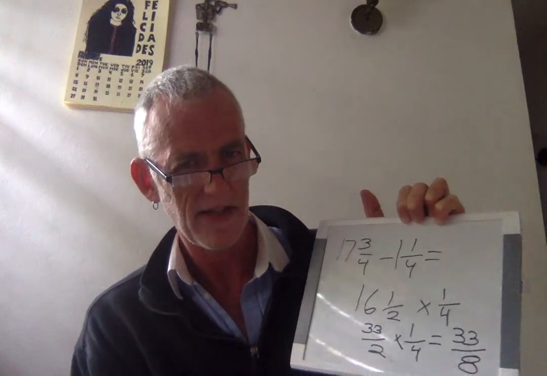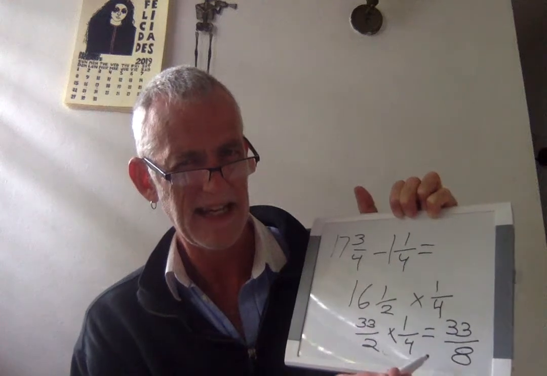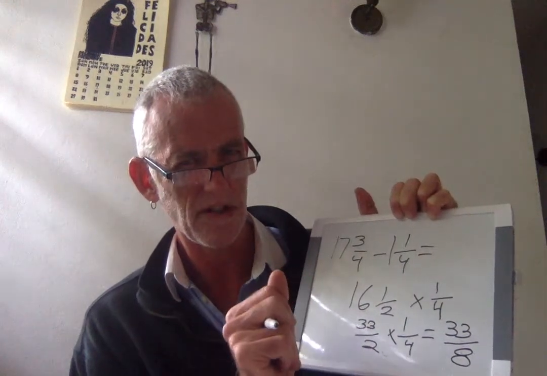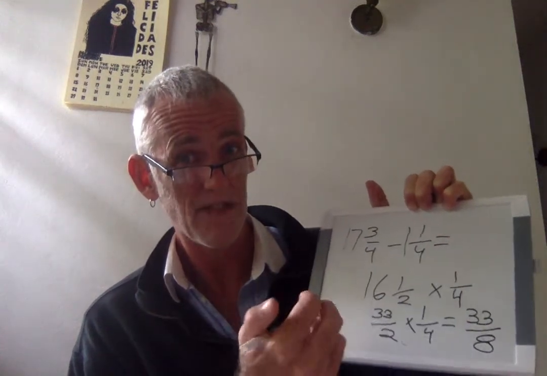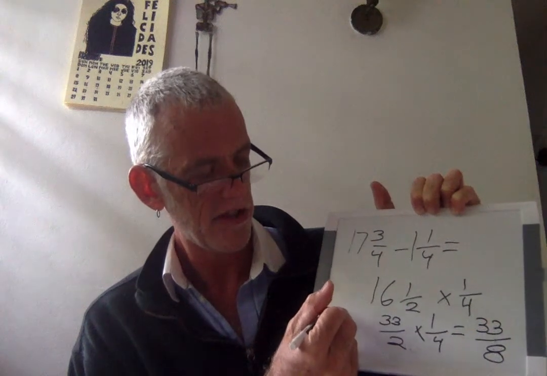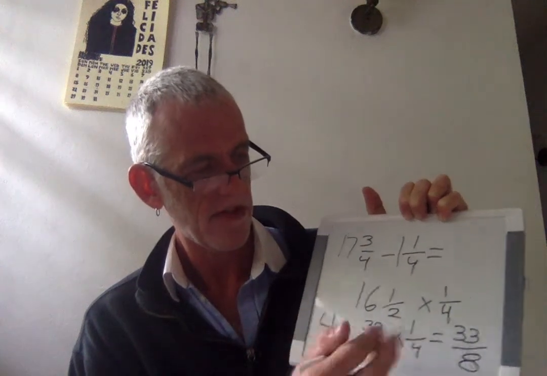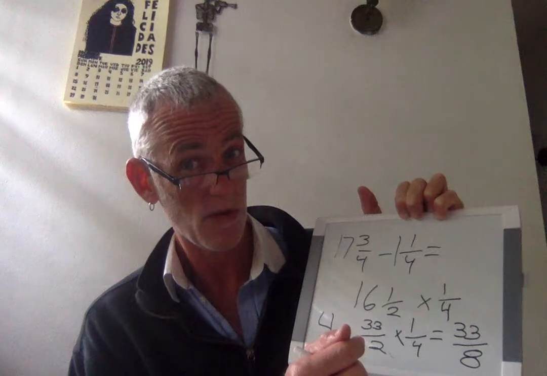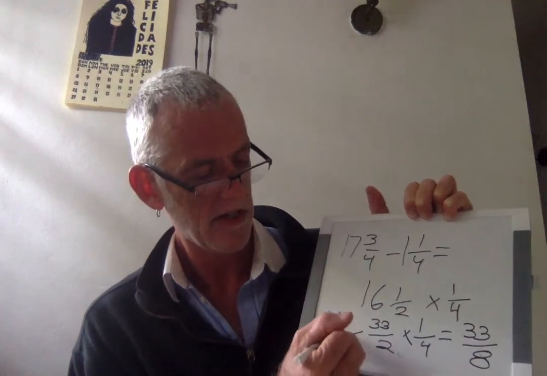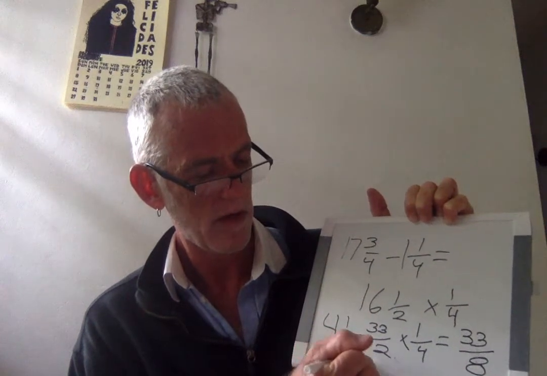How many is 33 eighths? 8 times what is almost 32? 4. 4 times 8 is 32. 33 minus 32 is 1. So your answer is going to be 4 and 1/8.